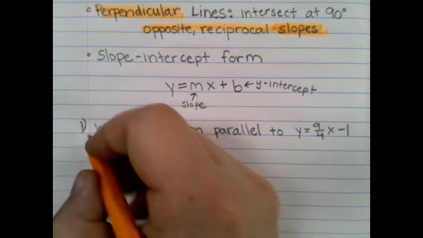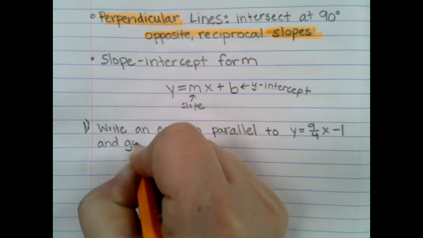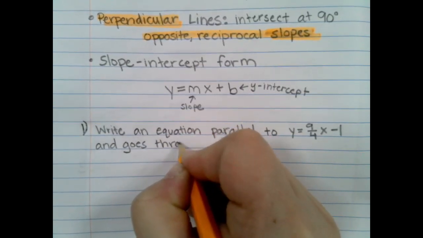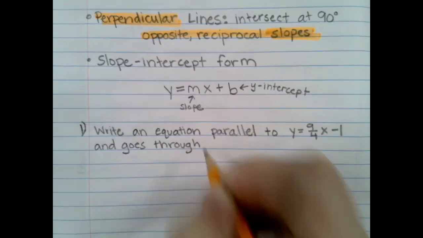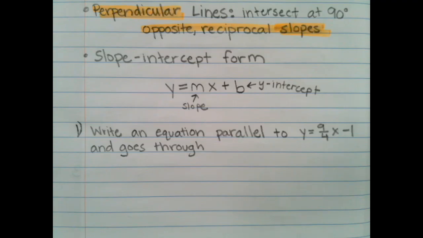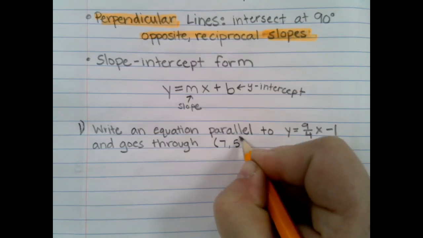And goes through (7, 5). That's an ordered pair. (7, 5).